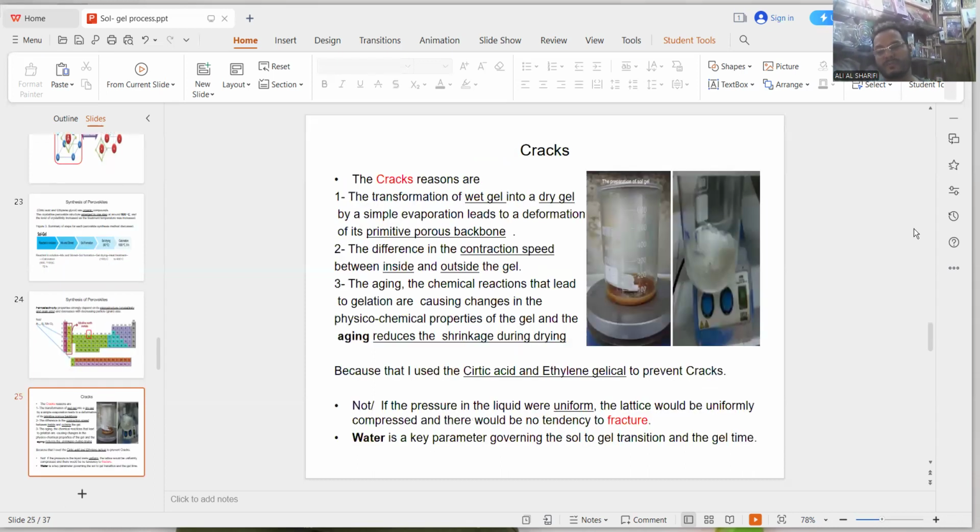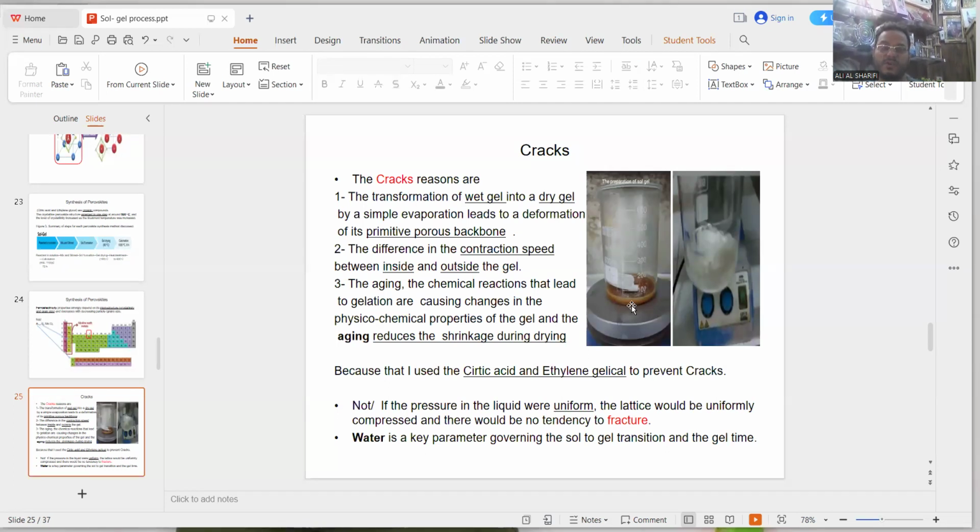Now let's talk about the most important disadvantage of the sol-gel: the cracks. The reasons, where and when they will happen. In the transformation of wet gel, it's hard to convert, because this liquid is very viscous.